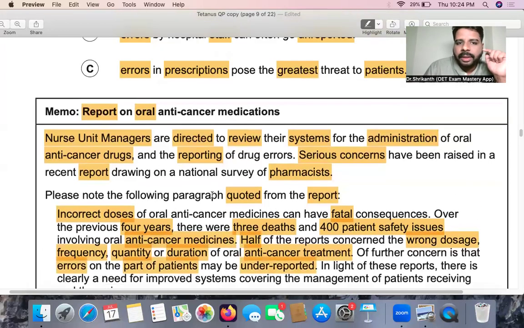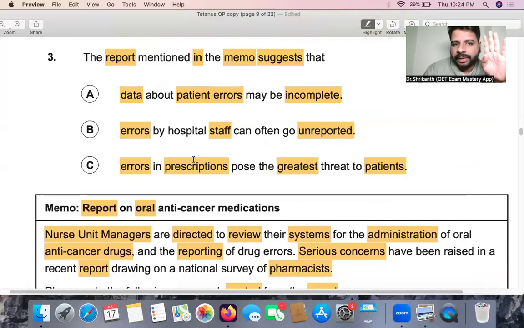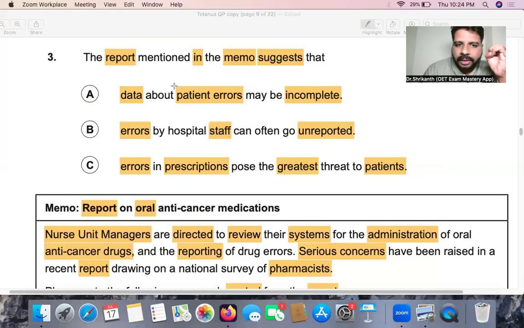Now see over here we have three types of errors. Here we have errors regarding patients. So give very much importance to the keywords over here. See, this error is regarding patients. This error is regarding hospital staff. And this error is about prescriptions. So every error has a linking word over here.